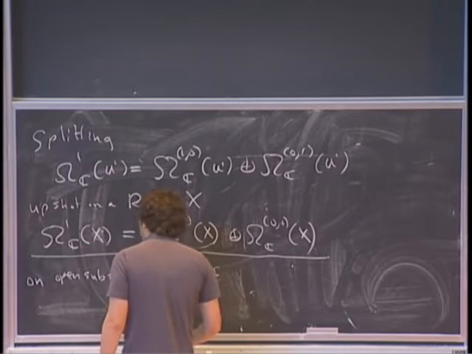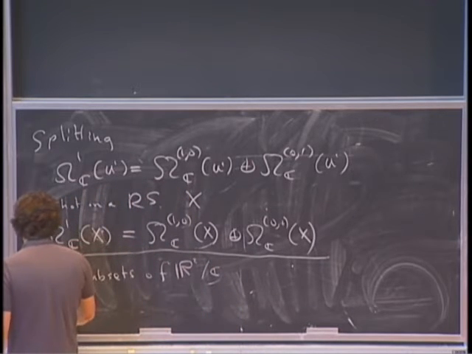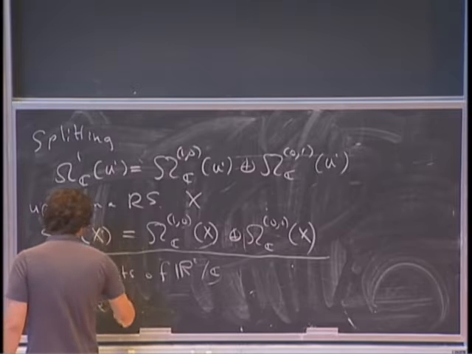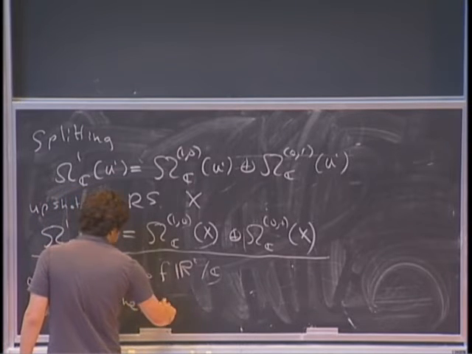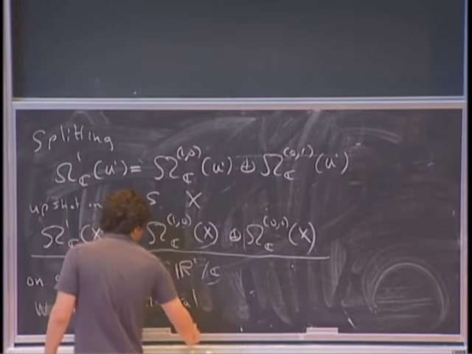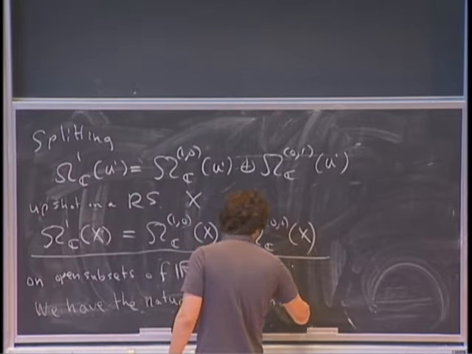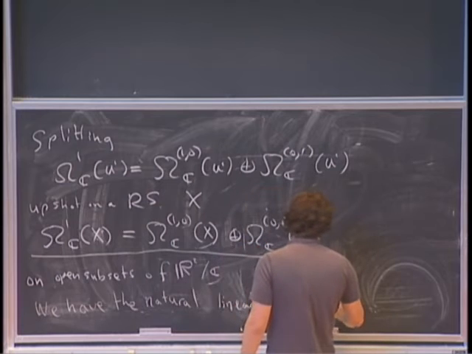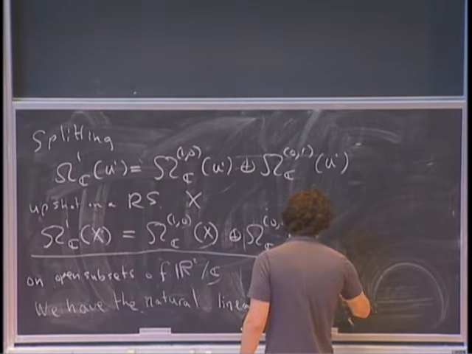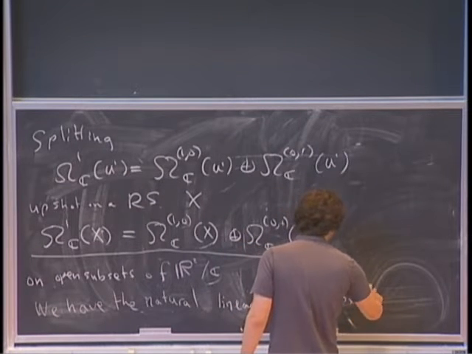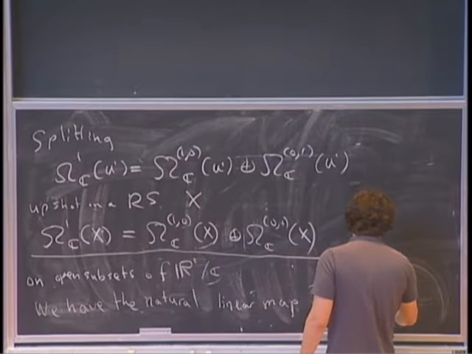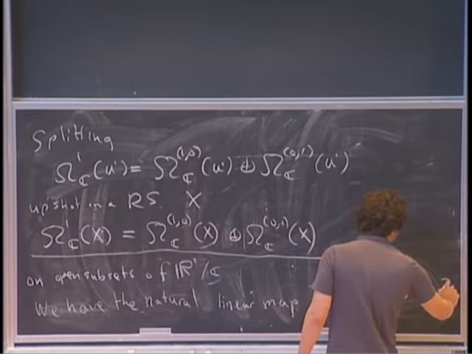we have this natural linear map J, which is defined so that J of d/dx is equal to d/dy, and J of d/dy is equal to minus d/dx.